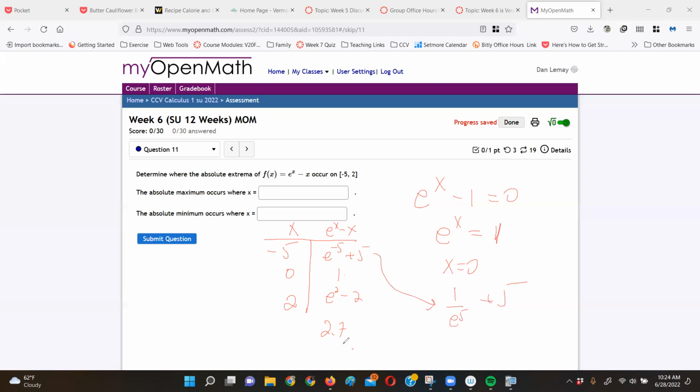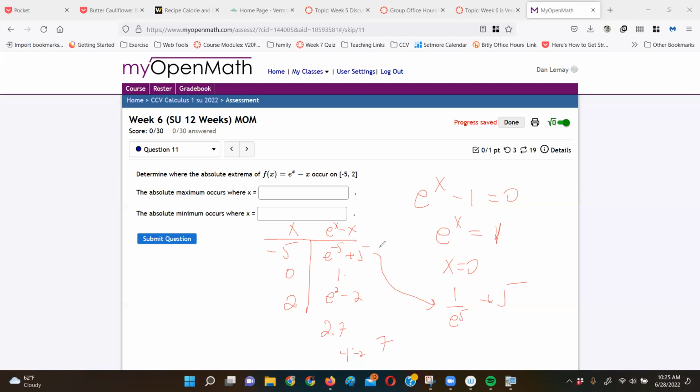I'm thinking, what if it's 9? 9 minus 2 would be 7. Well, it's going to be less than that. And if it's 4 minus 2, that'd be 2. So I'm a little leery about saying which one of these is going to be the maximum. I suspect it's going to be this first one, but I don't know that for sure.